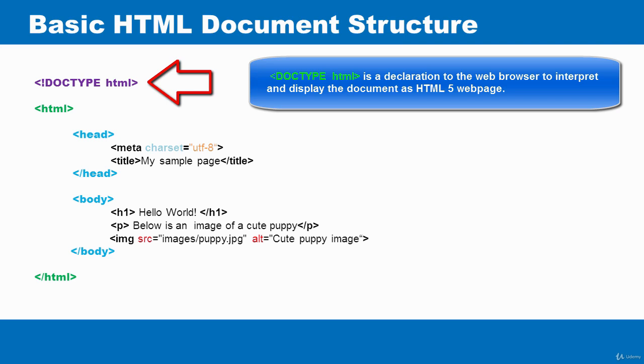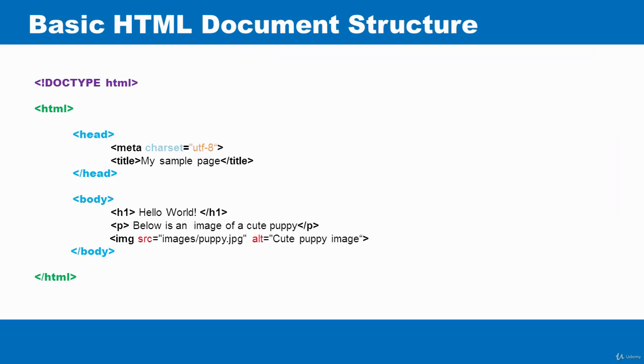In the illustration here, I'm saying doctype space HTML. So I'm basically saying the document type is an HTML document. The way you write the doctype, you do the less than sign, exclamation mark, doctype, and then HTML, and then a greater than sign.